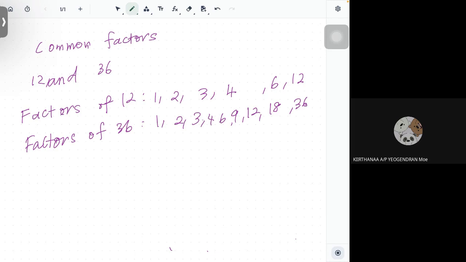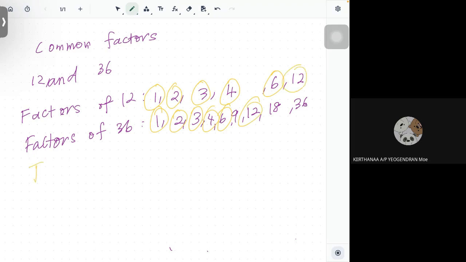So the common factors are 1, 2, 3, and then 4, and then 6, then 12. These are the common factors.